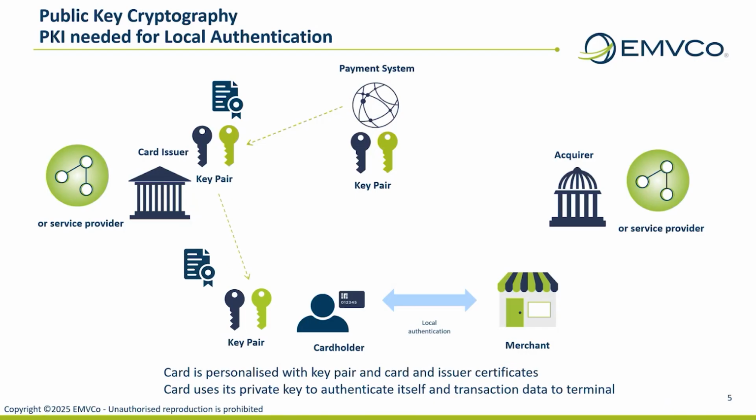The card keys and certificates are provisioned into the card, and the payment system public key is distributed to the acquirers and onward to the merchant terminals. Then, at the time of a payment transaction, any merchant terminal possessing the payment system public key can, as part of local authentication, verify the certificate chain in order to authenticate the card's public key and the card itself.